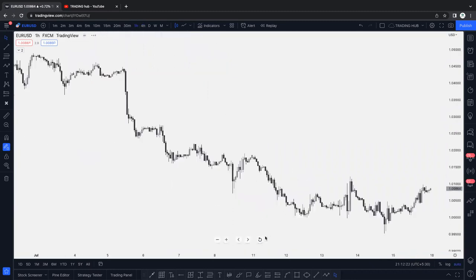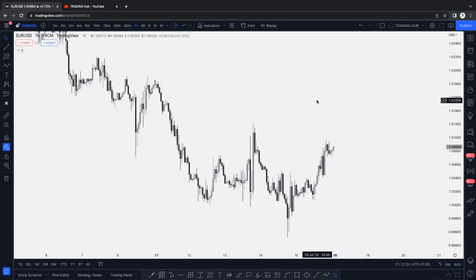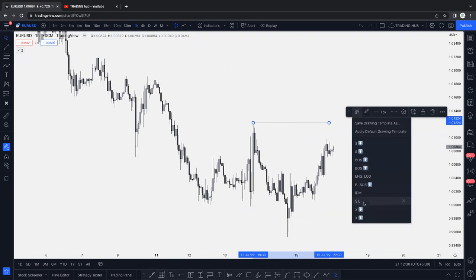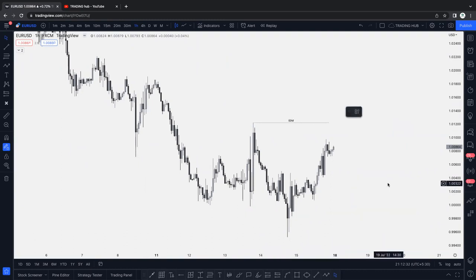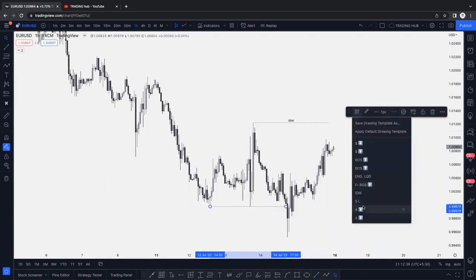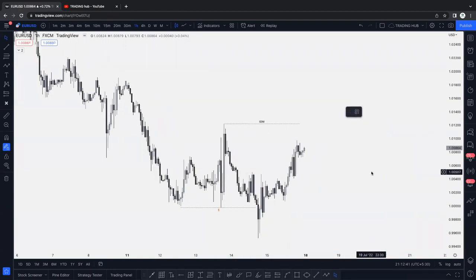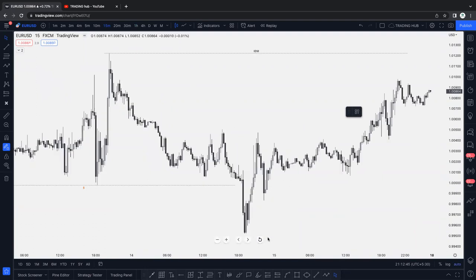First switch into the 1 hour, then we can switch into the 15 minute to see exactly. So price must take out this high, okay, because this is an inducement for the 4 hour. And the market broke this structure, sorry, took out this liquidity on the downside. Now switch into the 15 minute.